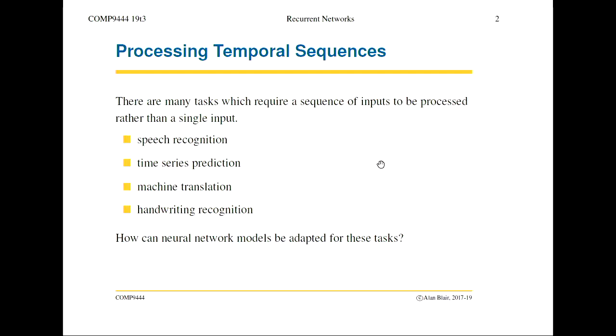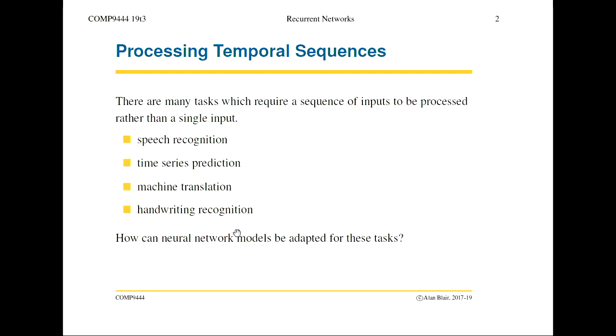It's not processing a whole sequence of images. But there are many tasks that rely on a sequence of inputs in time rather than just one input. For example, speech recognition, time series prediction, machine translation, handwriting recognition, and so on.